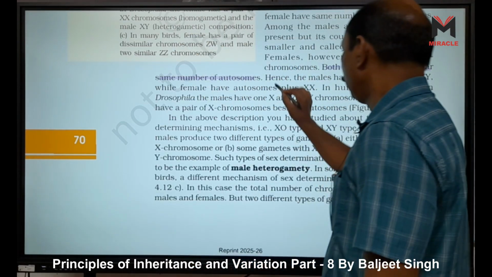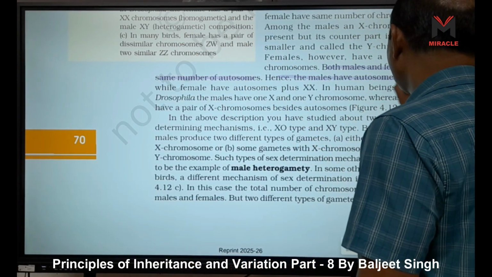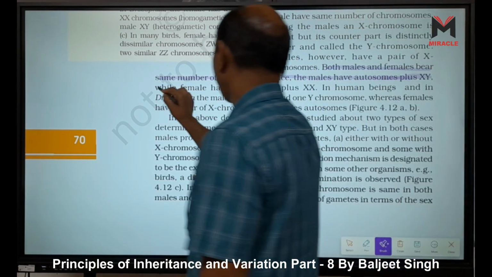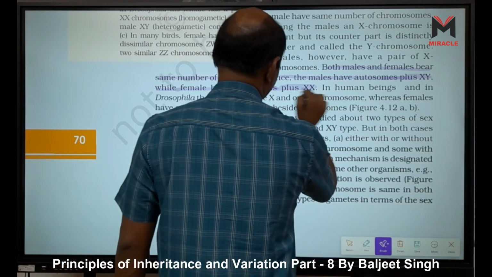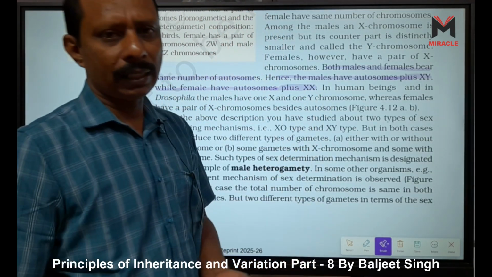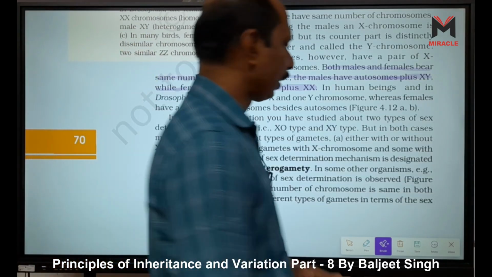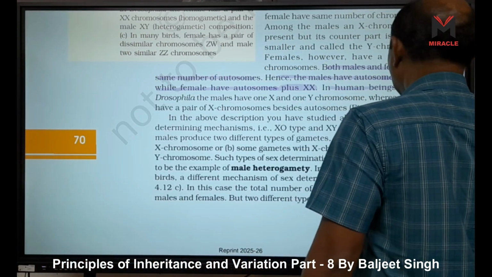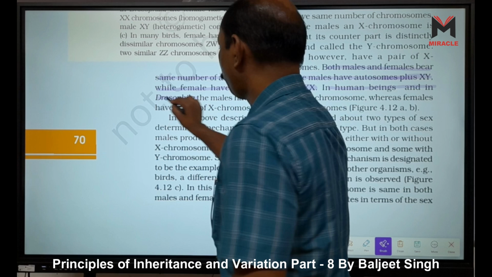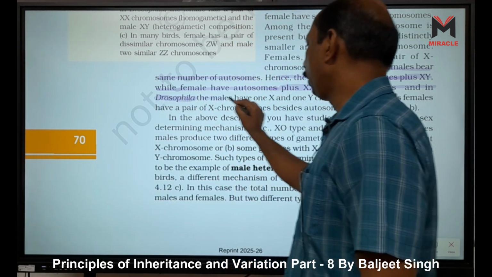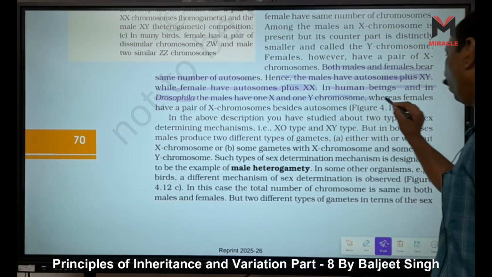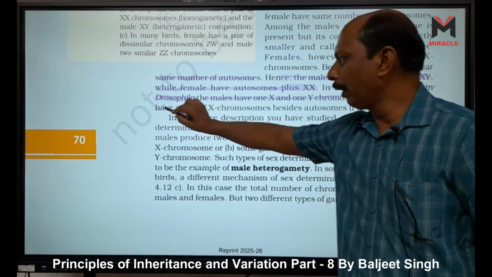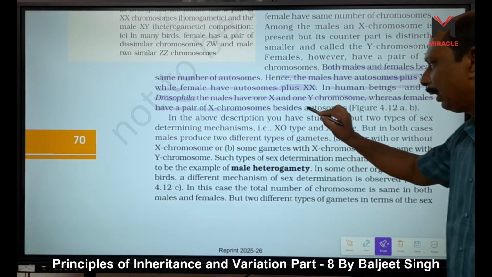Hence the male has autosome plus XY, while the female has autosome plus XX. So this one is called XX and XY type of sex determination. In human beings and in Drosophila, the fruit fly, the male has X and Y chromosomes, whereas the female has a pair of X chromosomes beside autosomes.